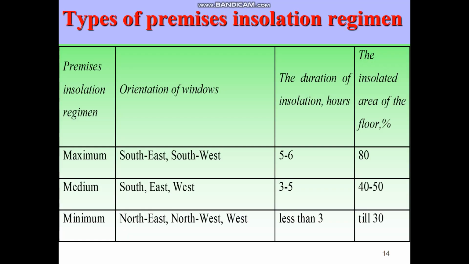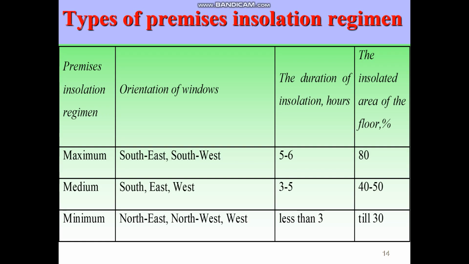The above-mentioned factors also influence the premises' insolation regime. Insolation regime is the duration of exposure to direct solar light. It can also be influenced by a window's orientation.